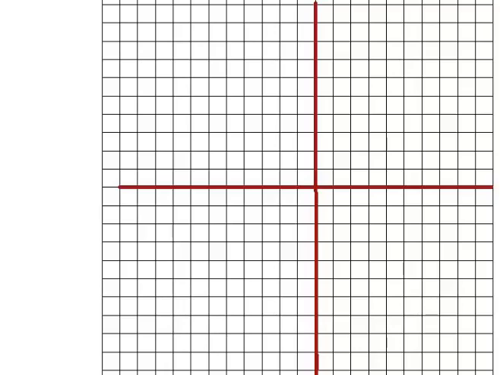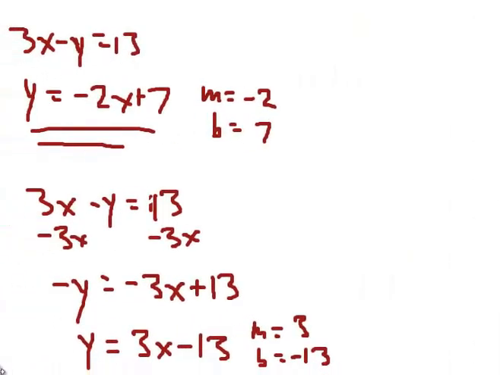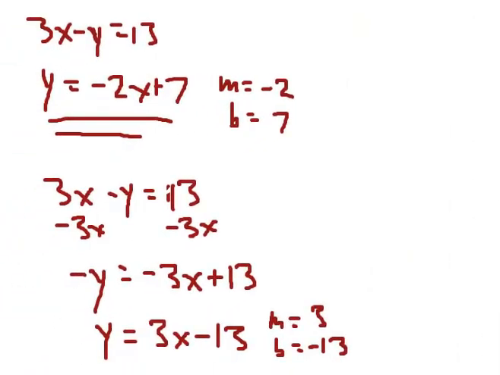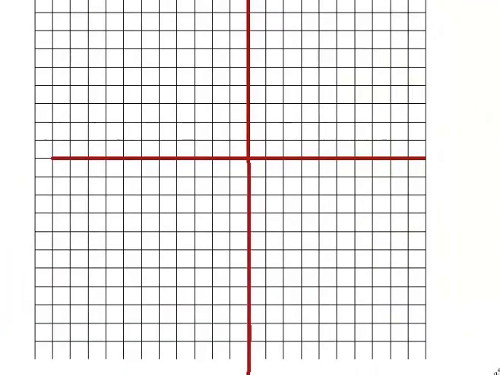If you don't know what I was just talking about, don't worry about it. The thing I was talking about is, if you remember the bottom equation, we said that was y equals 3x minus 13. Well, this number is the y-intercept. The y-intercept is the number where it crosses the y-axis. So it's going to cross the y-axis way down here below the bottom of the page. But let's not worry about that now.